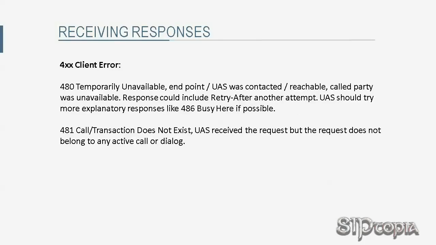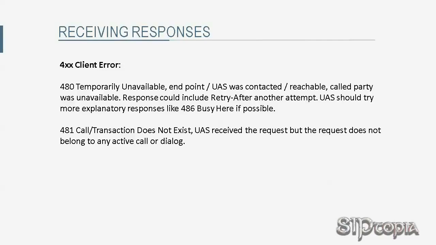480 Temporarily Unavailable indicates that the user agent server was contacted, it was reachable, but the called party was not available. This response could include a Retry-After header field to suggest a time for another attempt to reach the called party.